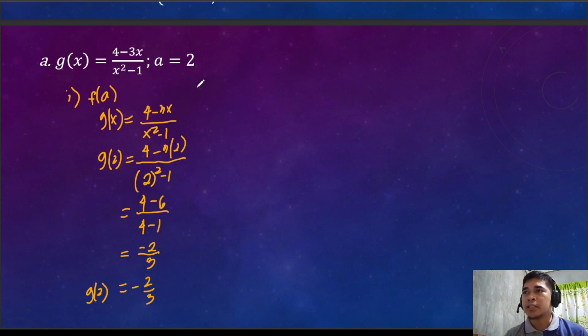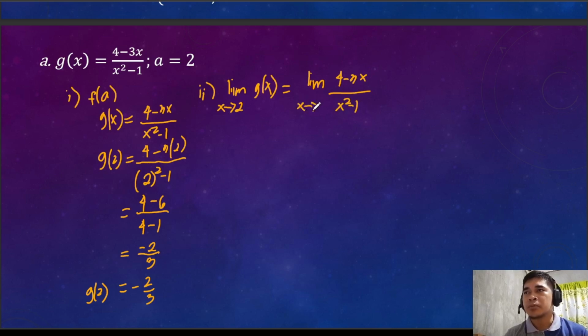Now for second condition, we need to find the limit of g of x as x approaches 2. So equals limit of 4 minus 3x over x squared minus 1 as x approaches 2.